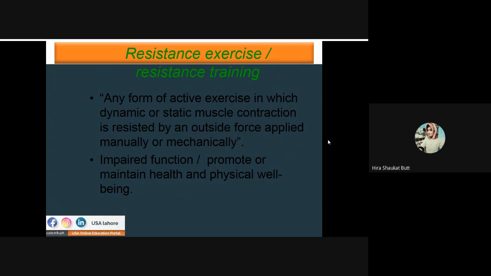If there is resistance against the movement, if the person is moving and you are resisting his movement, that will be an example of isotonic, or dynamic, contraction. But if the person is not moving, he is just contracting the muscles, or just holding a weight but not moving the limb, that will be an example of static muscle contraction.